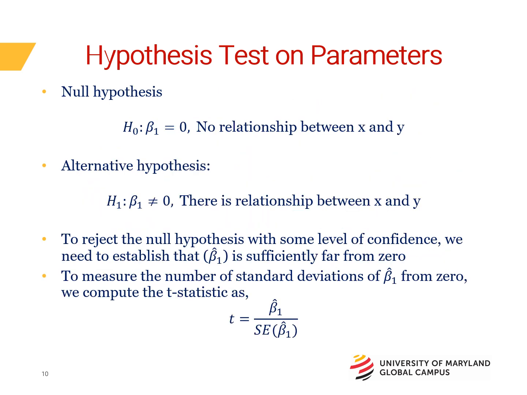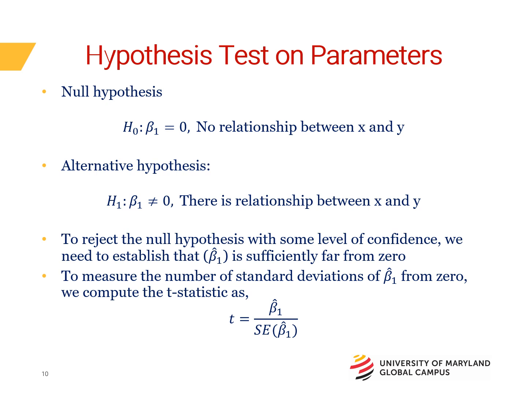So here, the null hypothesis is that beta 1 is 0, which means there is no relation between x and y. And the alternative hypothesis is that beta 1 is different from 0, which means there is a relation between x and y. And effectively, to reject the null hypothesis and claim that there's a relationship with some level of confidence, we need to establish that beta 1 hat is sufficiently far from 0.